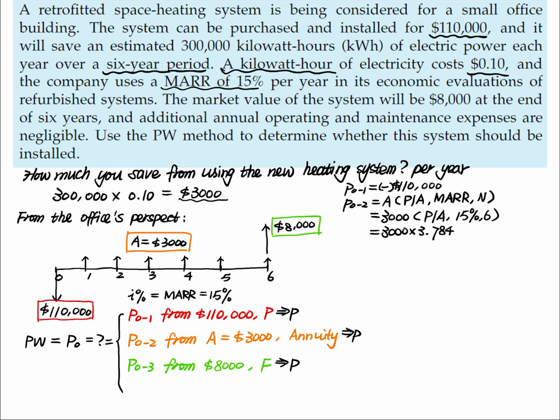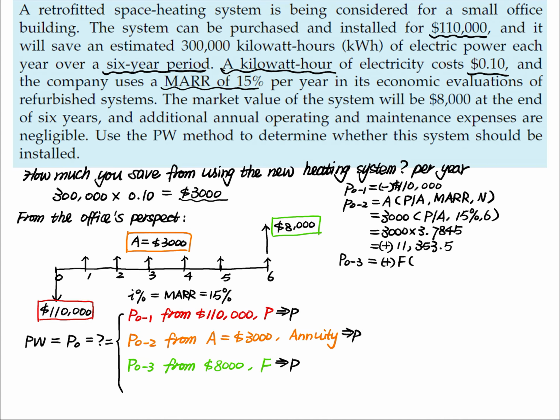So it is 3,000 times 3.7845, which is positive 11,353.5. Okay, this is the receiving, so it's positive.